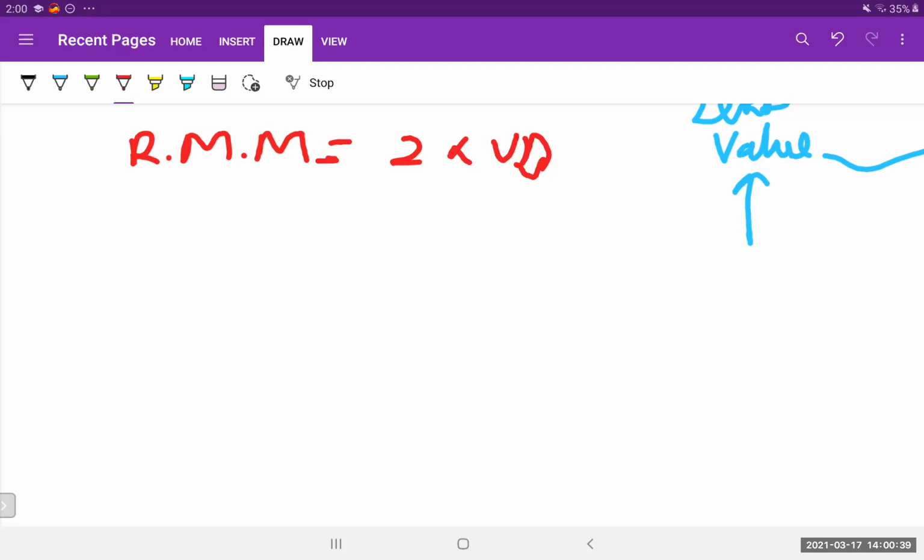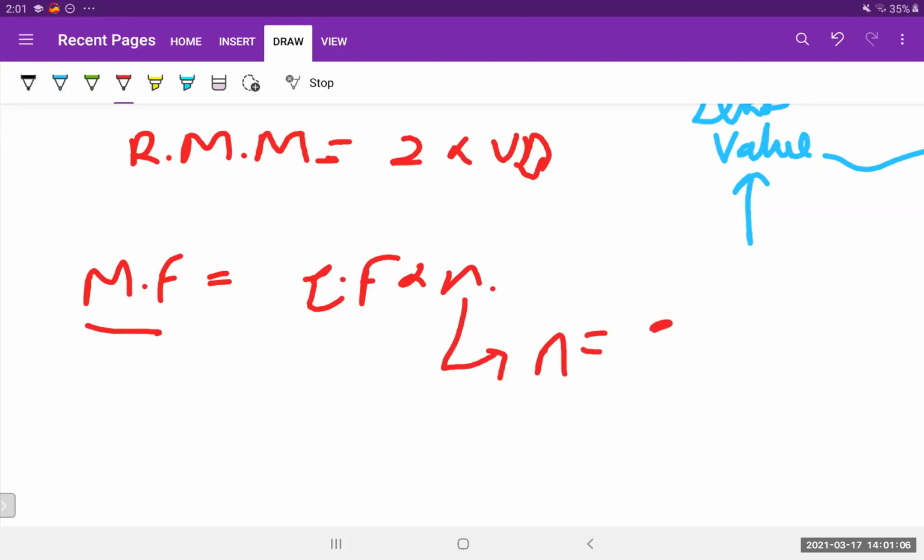Now, the next formula which you have to remember is that MF is actually equal to empirical formula into N. Immediately when you see that in the question it's written to calculate the MF, that is molecular formula, this formula should click in your mind, that it is equal to the empirical formula into N. And N is relative molecular mass upon empirical mass.